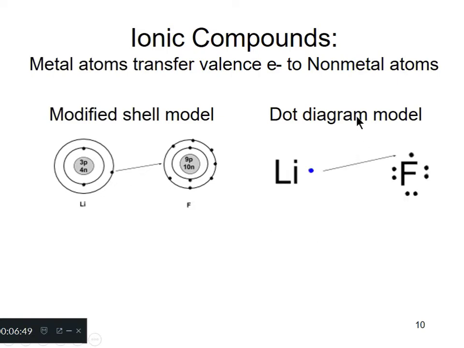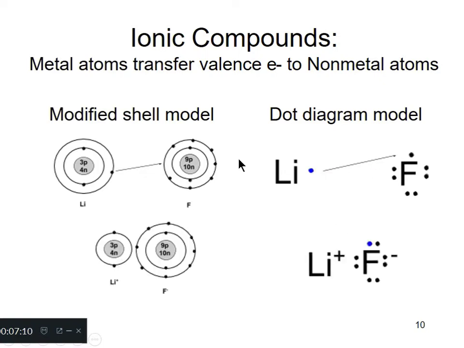Another way of looking at it is using this dot diagram model, which is probably much easier. I see the hole up here for fluorine where it's missing 1 electron, and I see that lithium has the electron, and I'm going to use an arrow to indicate what can happen as it bonds, that it's going to go from lithium over to fluorine.